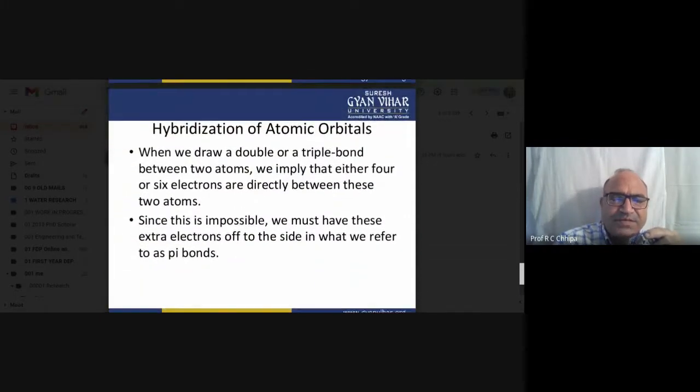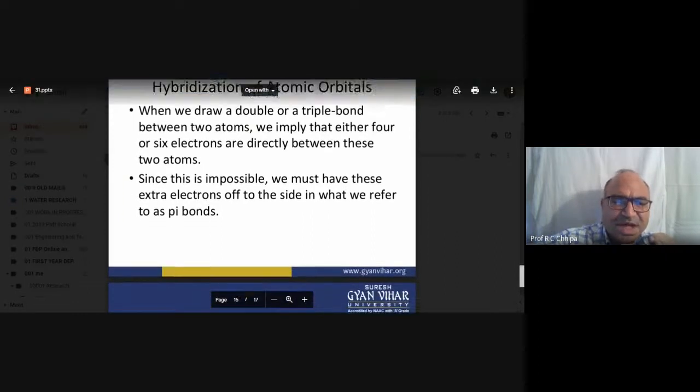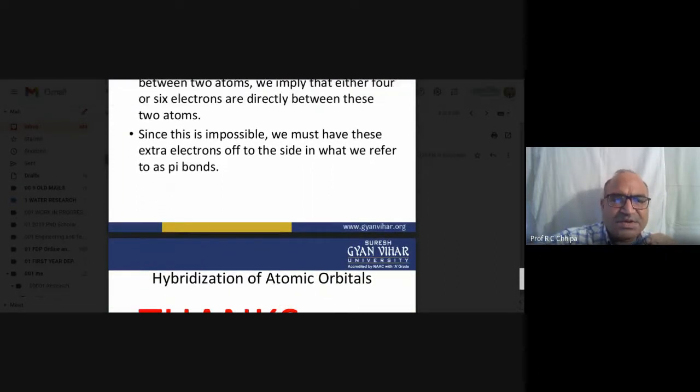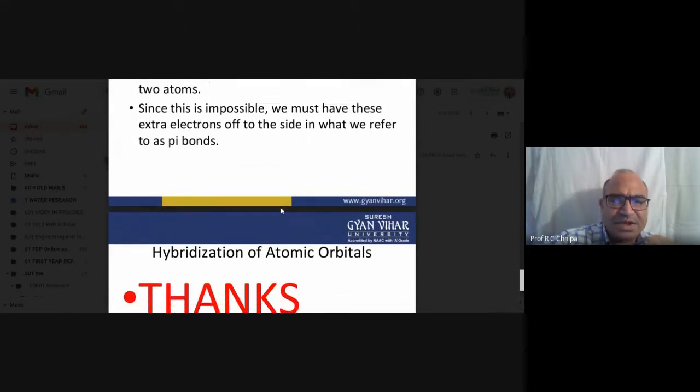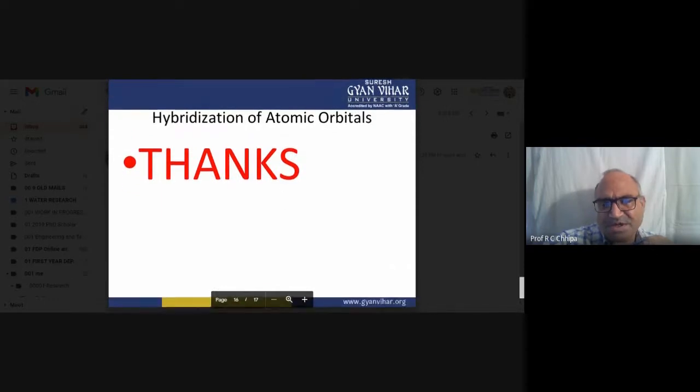So let's take the last one. When we draw a double or triple bond between two atoms, we imply that either 4 or 6 electrons are directly between these two atoms. Since this is impossible, we must have the extra electrons off to the side, which we refer to as a pi bond. So the pi bond itself is formed.